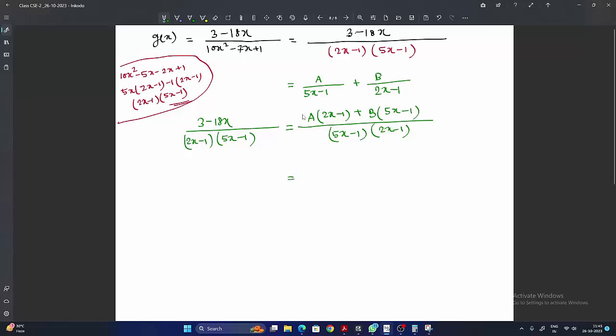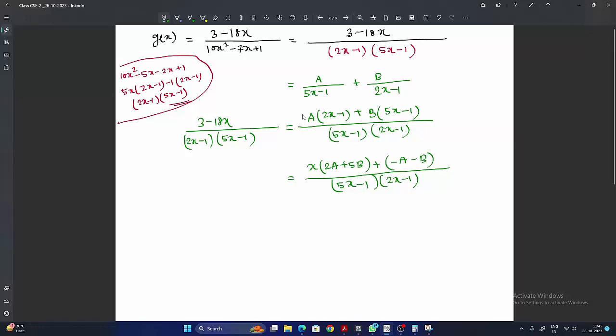That means if you take the x coefficients together, the x coefficients are 2a plus 5b, and the constant terms are minus a minus b, over (5x minus 1)(2x minus 1).